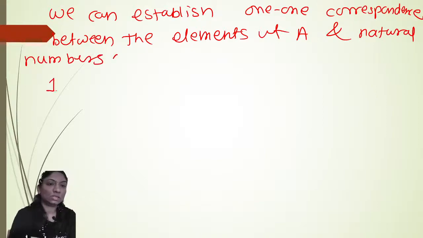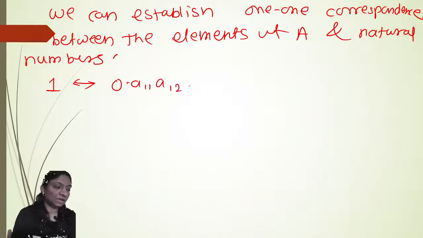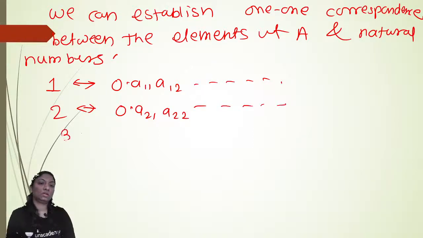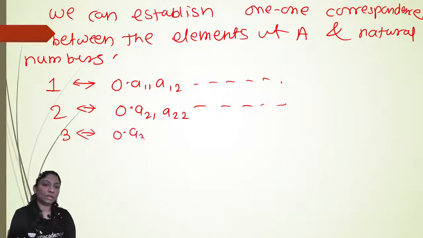Right? There is a one-one correspondence between 1 and 0.a11 a12 and so on, 2 and 0.a21 a22 and so on, 3 and 0.a31 a32 and so on.